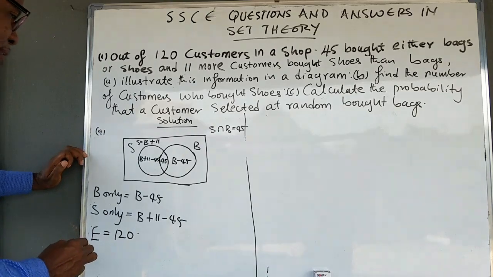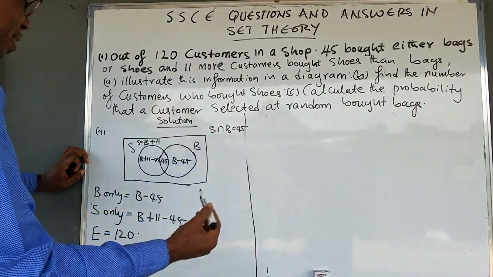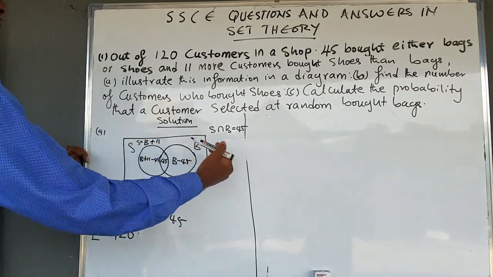Then with this information, we can now find the value of B. This B means the number of bags, because it's not given to us.